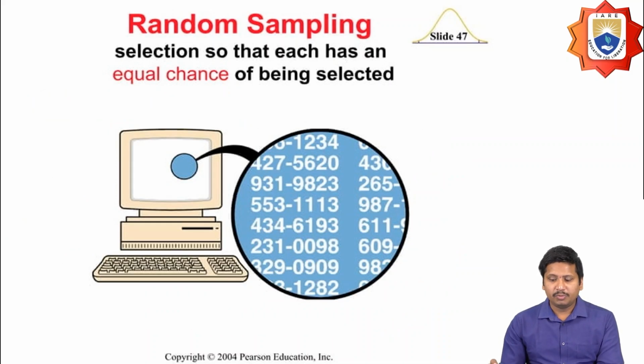Here I'm going to explain some of the different types of sampling. Random sampling means a selection such that each has an equal chance of being selected.